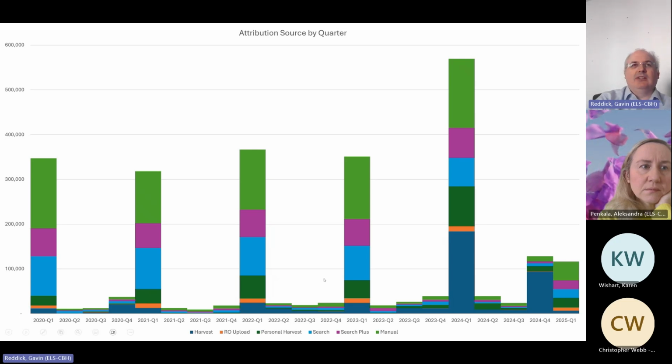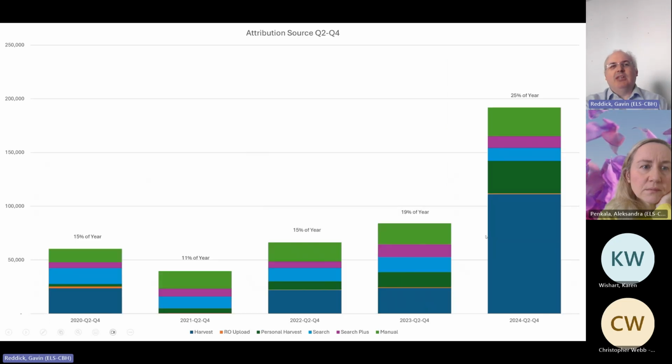And again, you can see how last year in Q1 it was exceptionally high, driven by the large amount of harvesting there relative to previous years, which was in part backfill. And in fact, even with that sort of big increase, if we look at just the impact of Qs 2 through 4 in each of the years, you can see the distributions of the types of things across that.